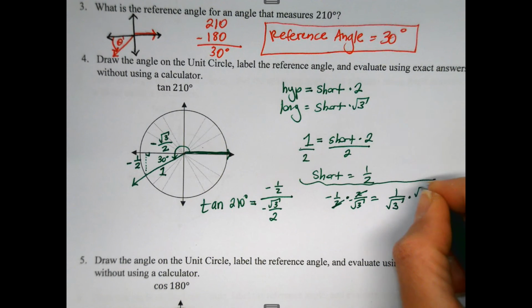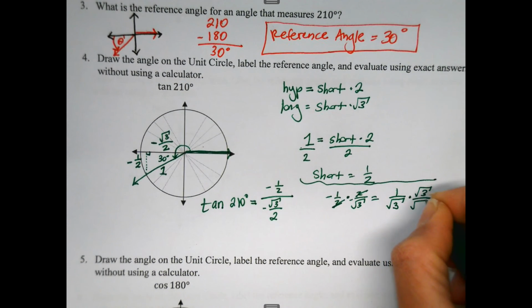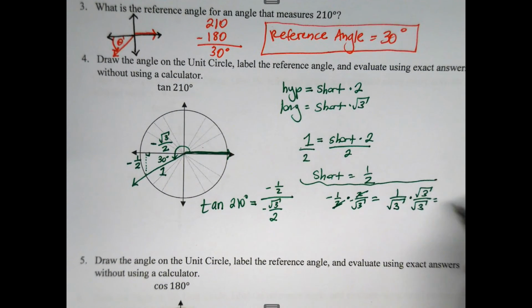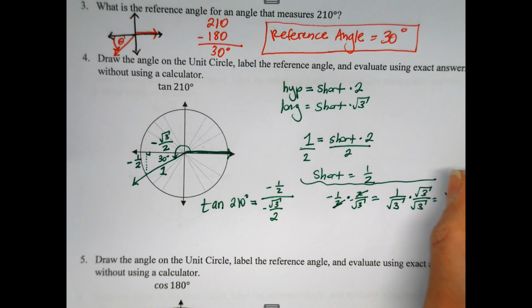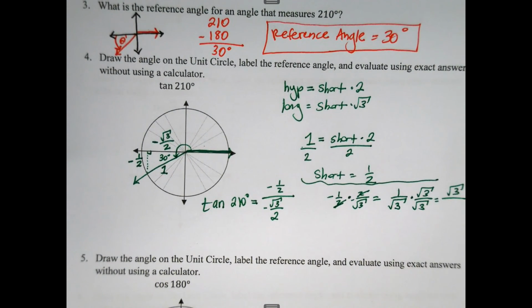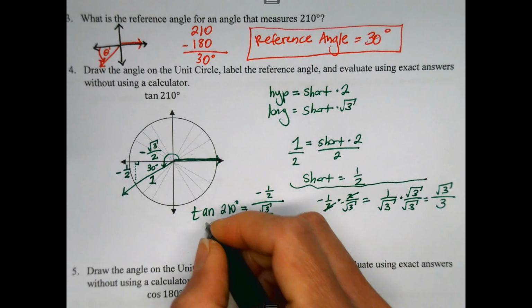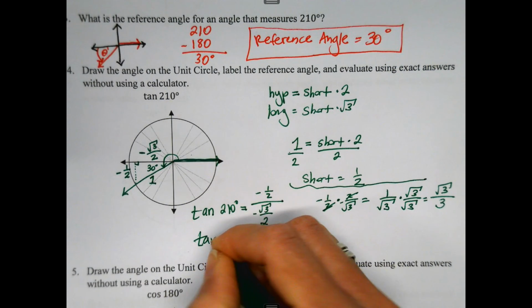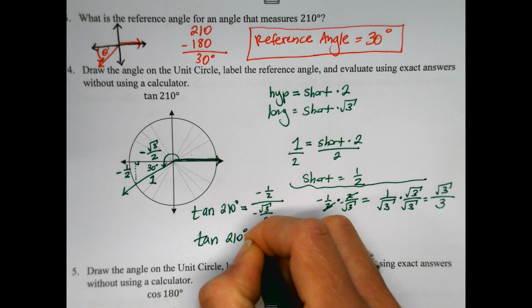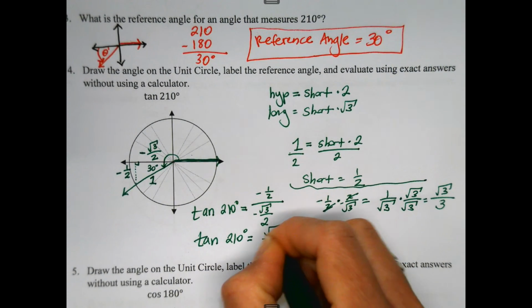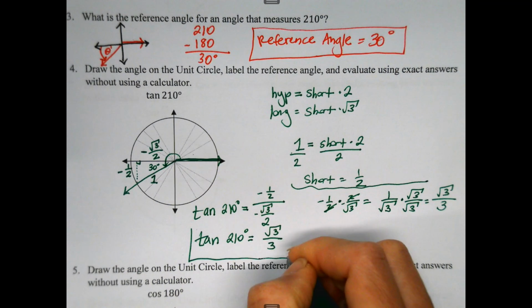We're going to multiply this by the square root of 3 over the square root of 3, and that's going to get rid of the radical in our denominator. 1 times the square root of 3 is the square root of 3. And the square root of 3 multiplied by the square root of 3 is the square root of 9, or 3. Therefore, we find that the tangent of 210 degrees is positive square root of 3 divided by 3.